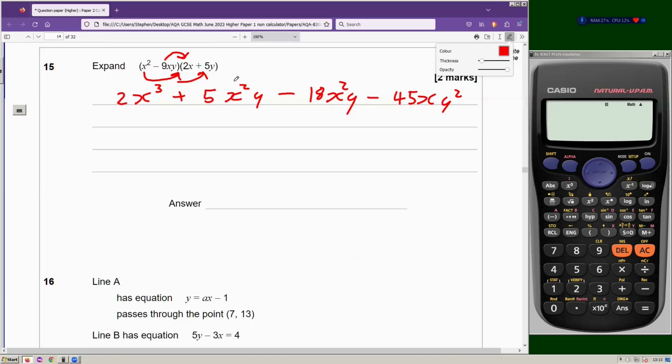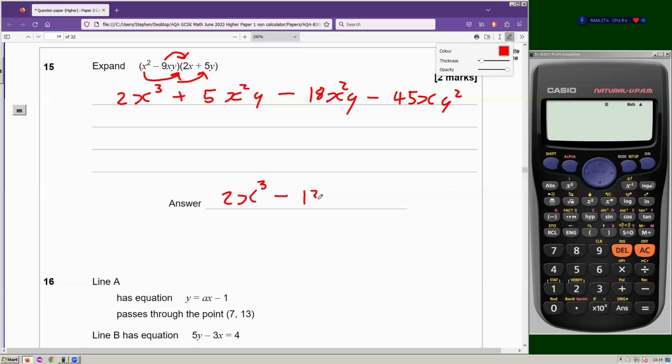We collect like terms. We only have one term in x cubed, so we put down 2x cubed. We've got 5x squared y minus 18x squared y. So think of that as the thing. The thing is x squared y. 5 minus 18, well, I can go the other way round. 18 minus 5 is 13, but it's going to be negative.